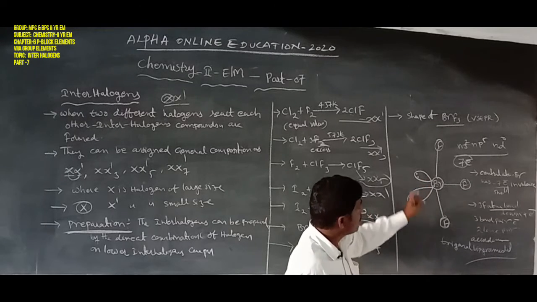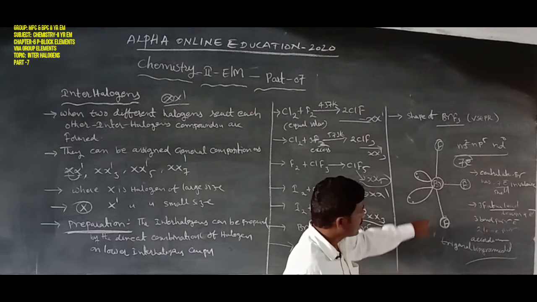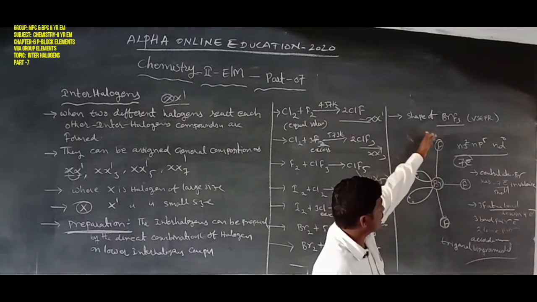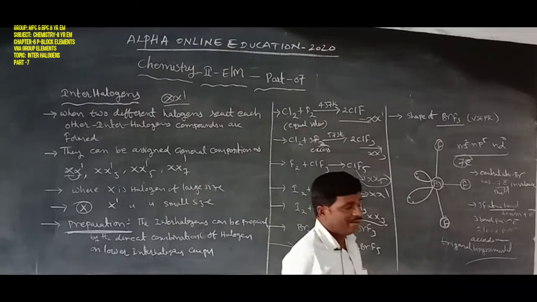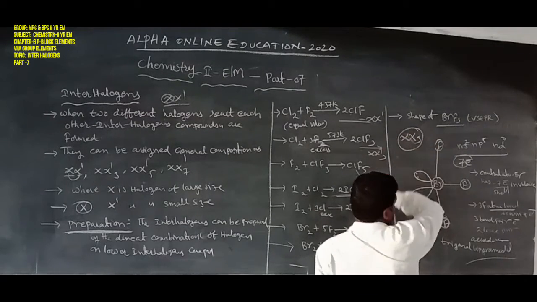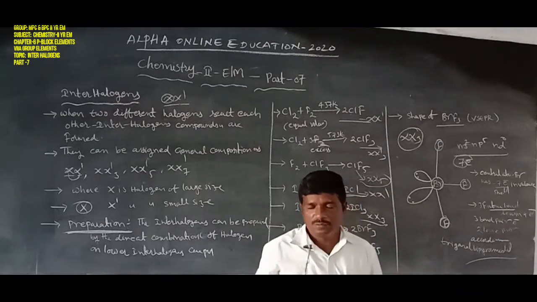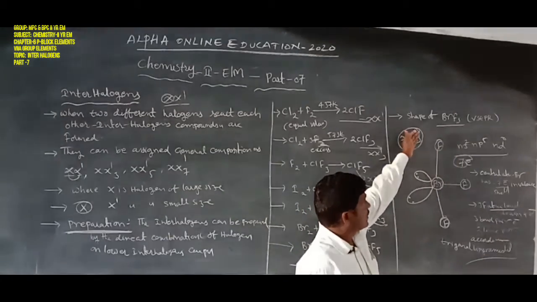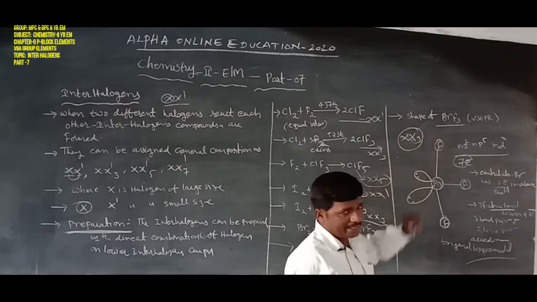According to this, the BrF3 structure is trigonal bipyramidal. That is the structure of BrF3, an XX3 type interhalogen compound, bromine trifluoride.